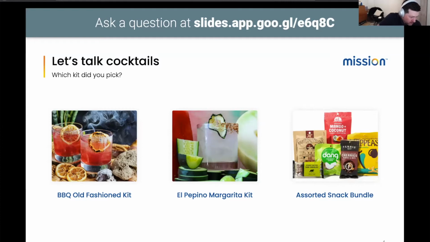Oh my gosh. You're supposed to use the smoke from the bourbon barrel wood chip. That is just my kind of pretentious drink. Okay. I'm going to add everything just to my personal taste. I see some folks with their cameras off doing their mixing. It's really fun.